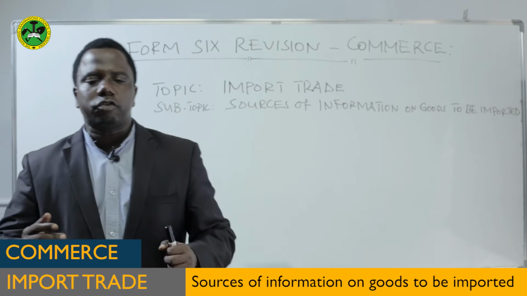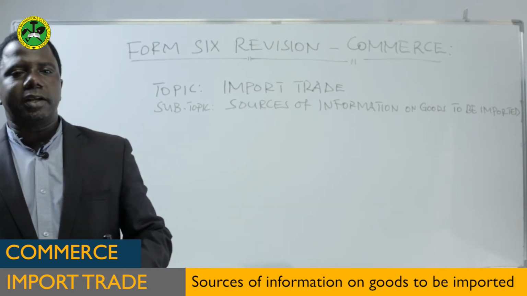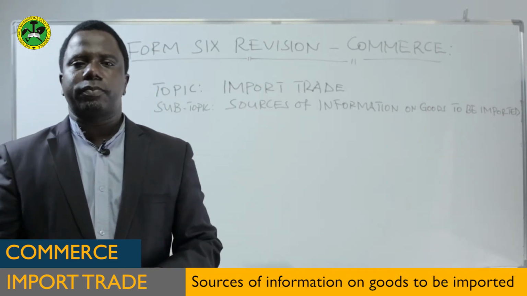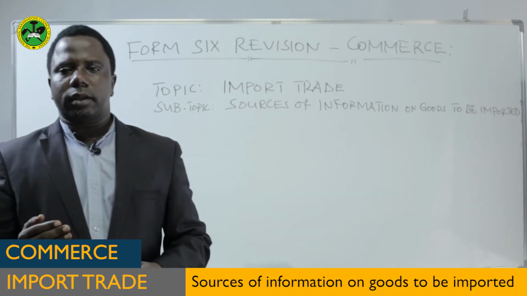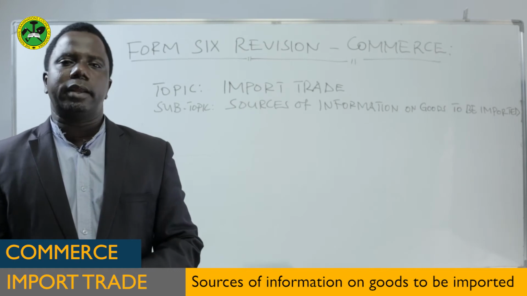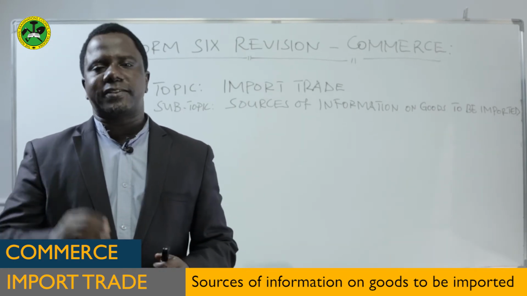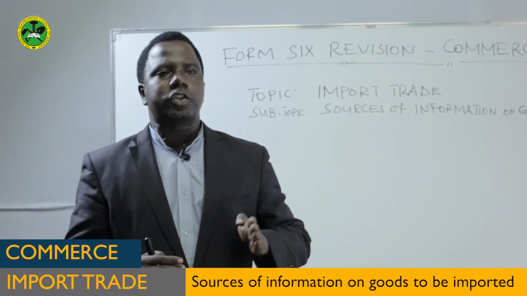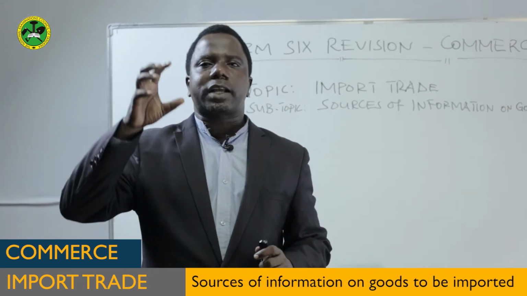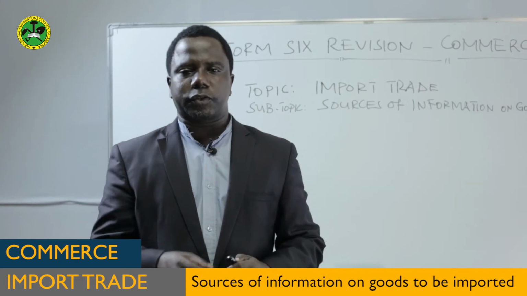Another source of information is consular services. Our country has different consular offices in different countries. So an importer, being a Tanzanian, when he or she needs certain information, can ask it from those offices located in the countries you want to import goods from.